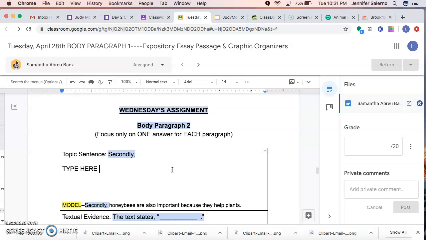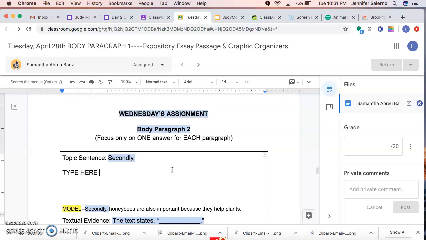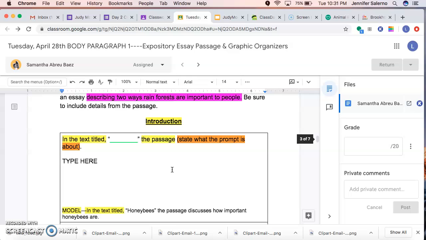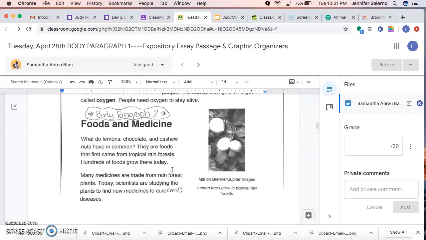Oh, where should I look for that? Where should I go to look for the answer as to how rainforests are important to people? I'm going to come all the way back to my text. I'm going to look where Mrs. Del Valle wrote body paragraph 2, and I'm going to know that it's somewhere here. The answer is somewhere here.